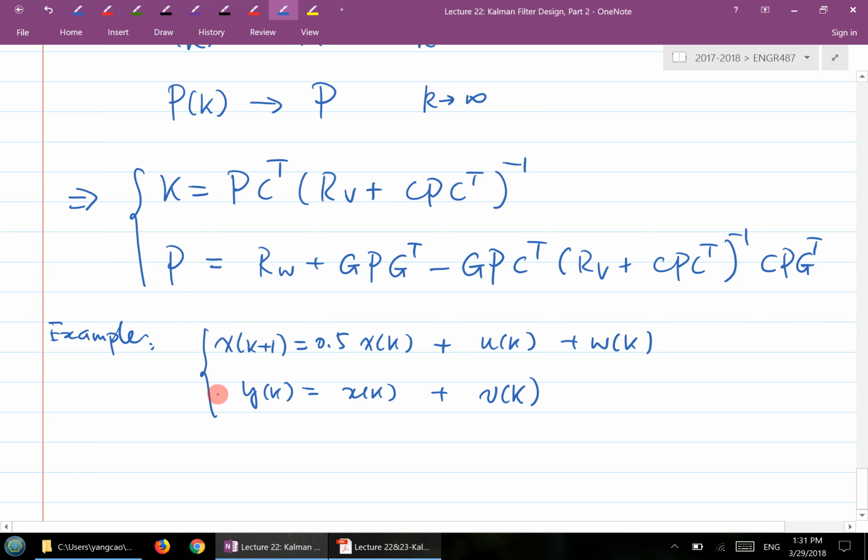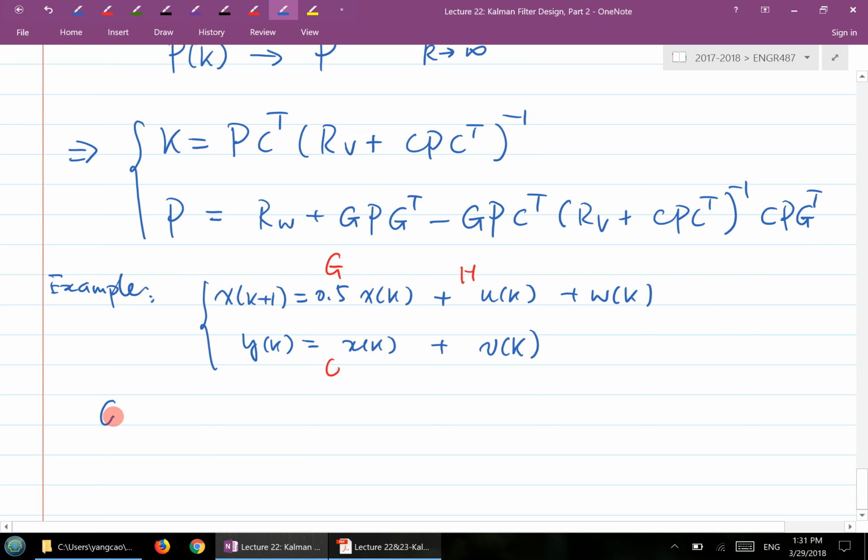It's the system we have been dealing with, but in this case it's a very simple scalar system. As you can see, this is our G matrix, and H matrix, which is 1, and C matrix, which is 1 too. So G equal to 0.5, H is 1, and C is also 1.